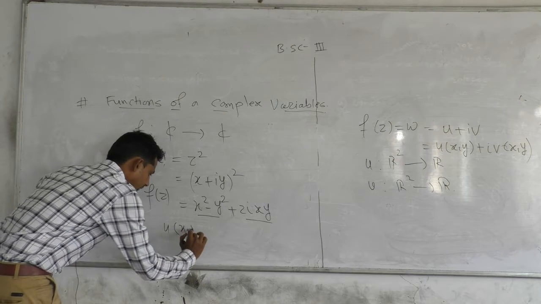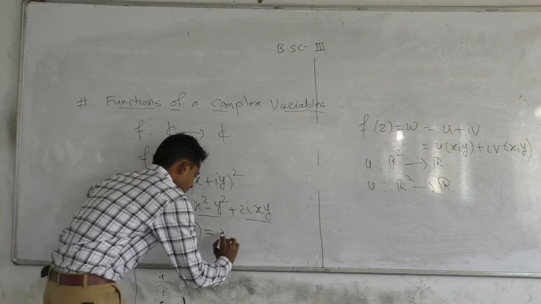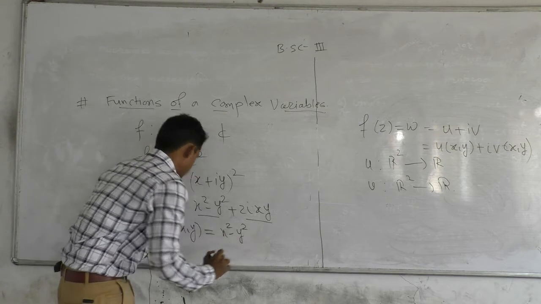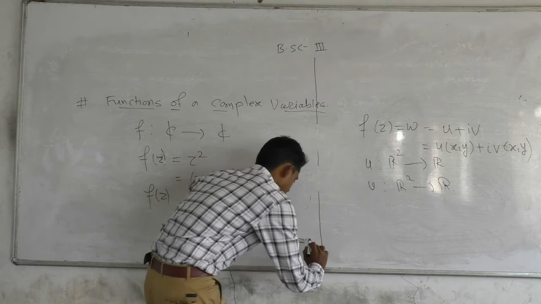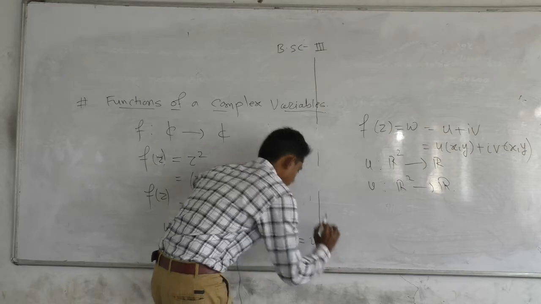So u of x,y is x squared minus y squared and v of x,y is equal to 2xy.